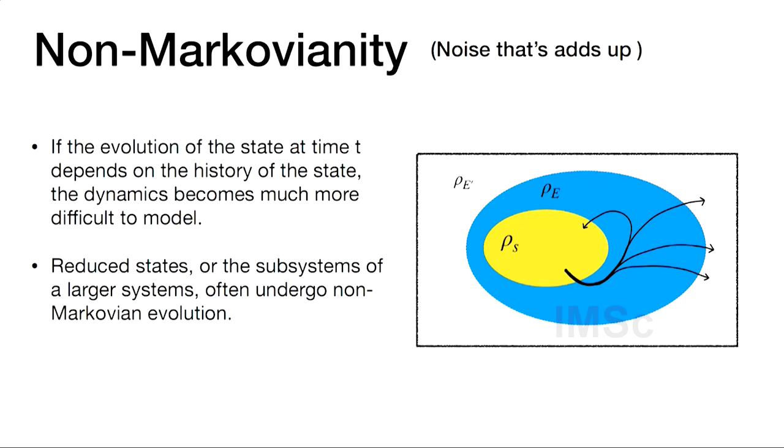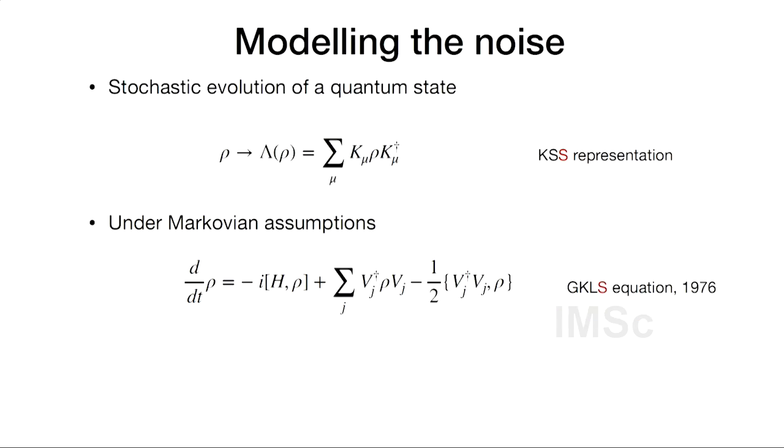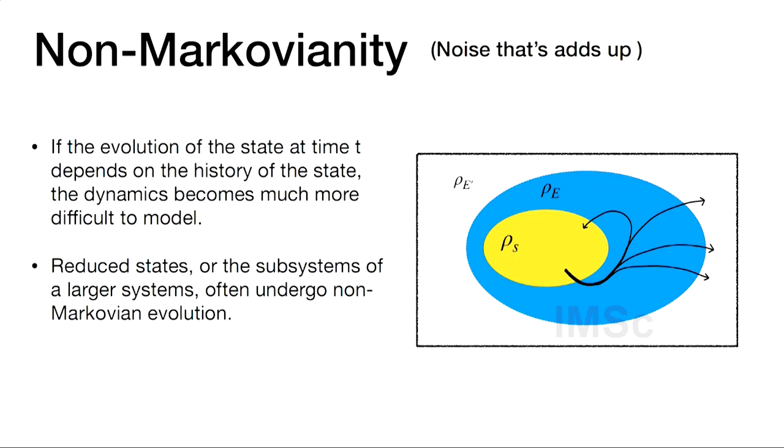Non-Markovianity is a kind of noise. Sorry, I forgot to mention that the second equation comes when you have Markovian assumptions, and those assumptions are valid when you have weak system-environment interactions. But that is not always the case. Evolution at a particular time can depend on the history of the state at some earlier time, right?